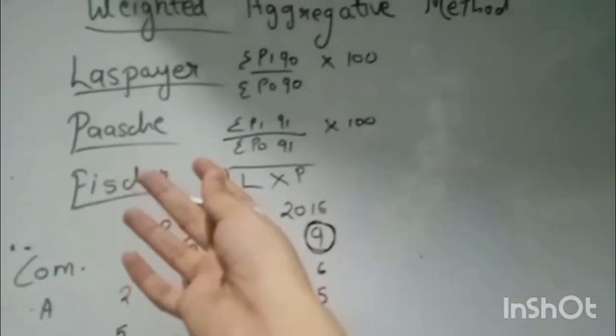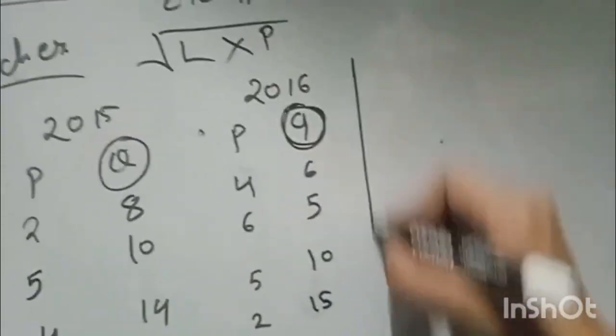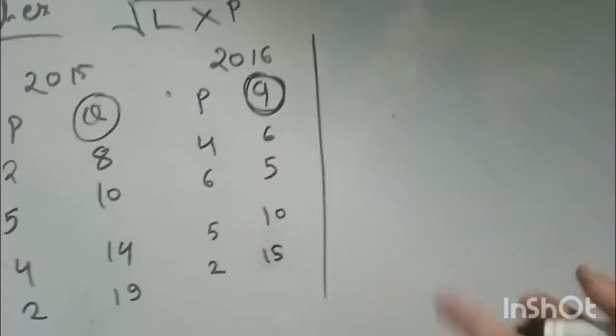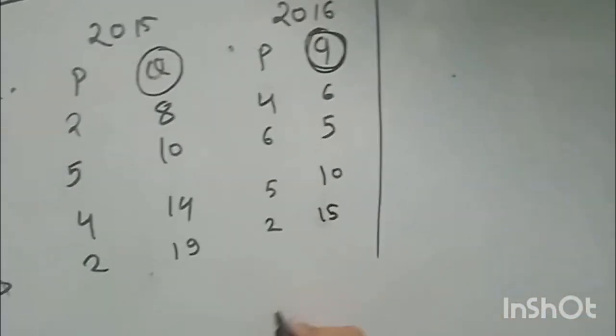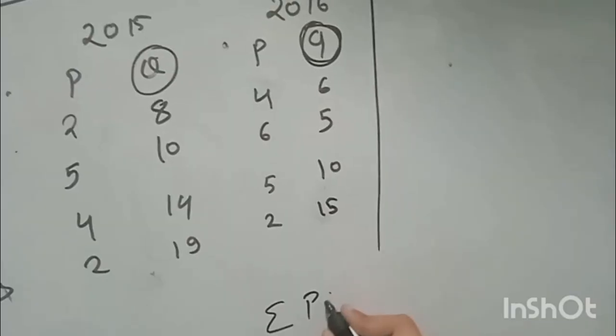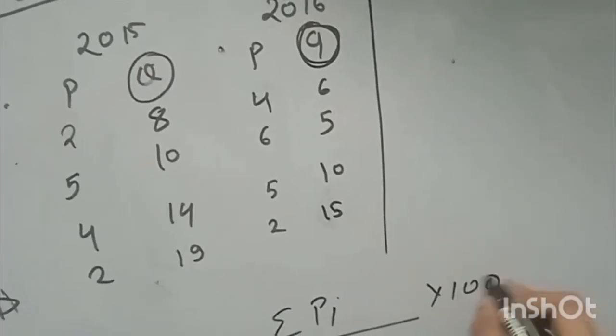So he is a bit clever. Now let's see how we get Laspeyres, and then we will see how we solve the problems with Paasche's method. Now always write the formula P1 upon P0 into 100, that is the simple aggregative method.